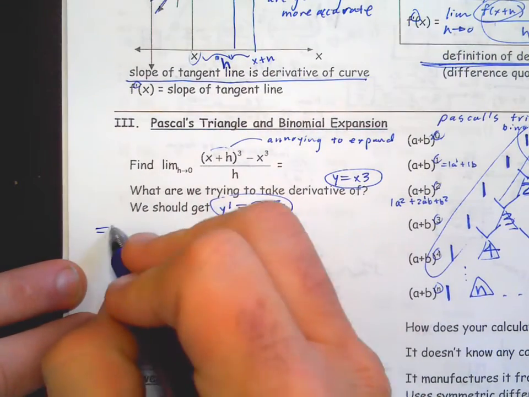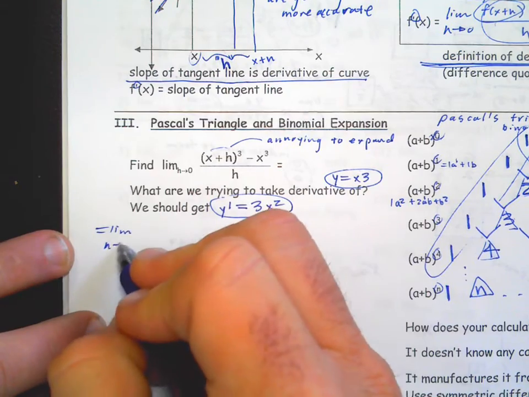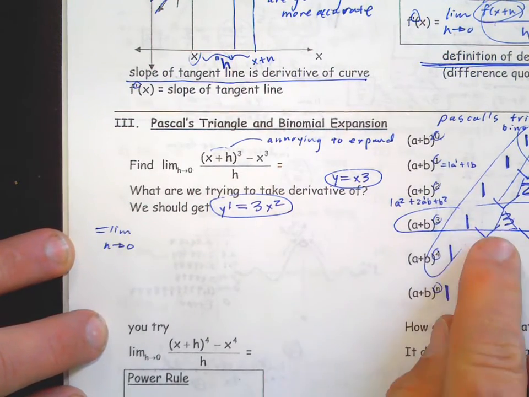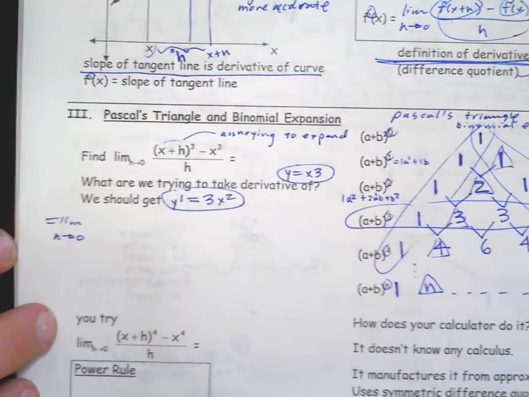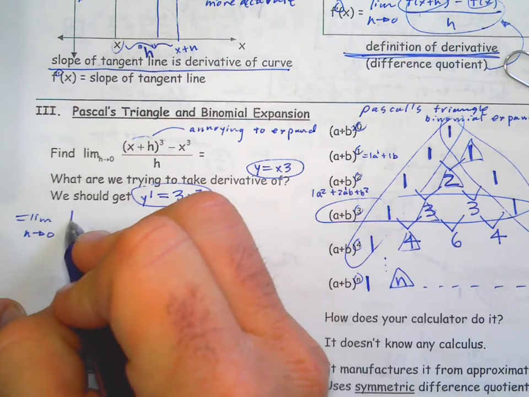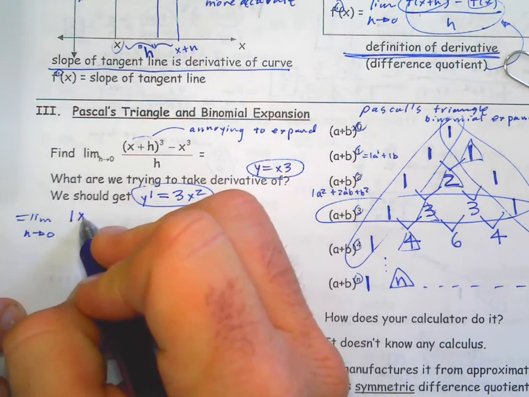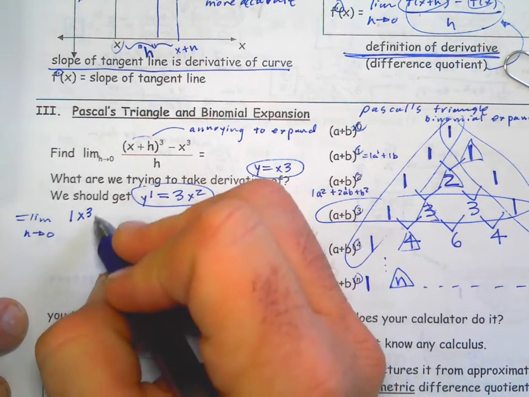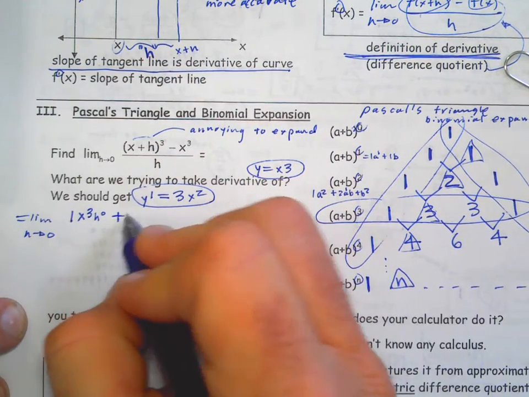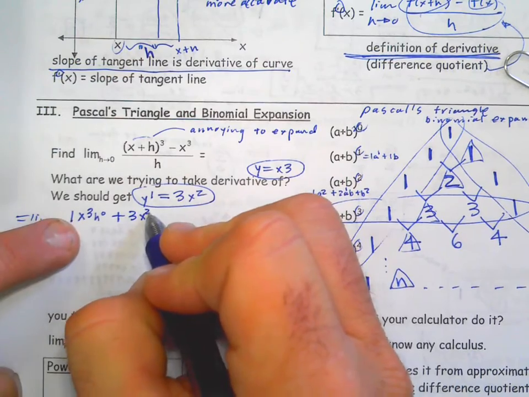We're going to say, all right, well, this equals the limit as h goes to 0, and we're going to use this row this time, okay? We're going to use that row for this one. We're going to say, okay, well, the first one's going to be 1 x to the third, h to the 0 if you want to write it, okay? And then the next term is going to be plus 3x squared h to the first.